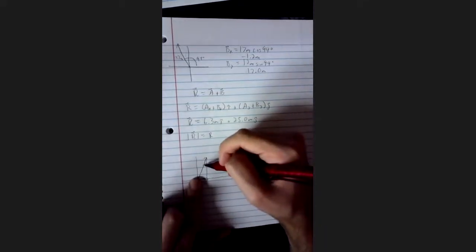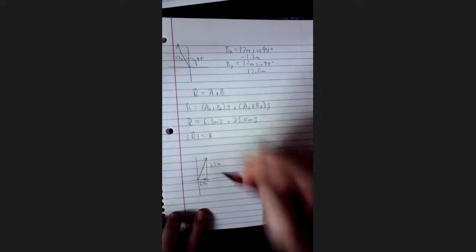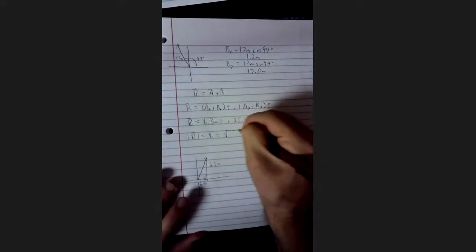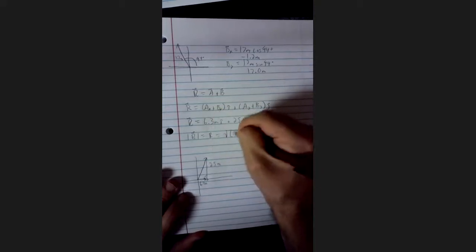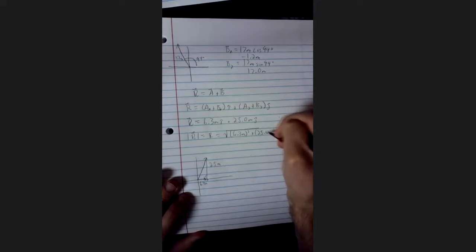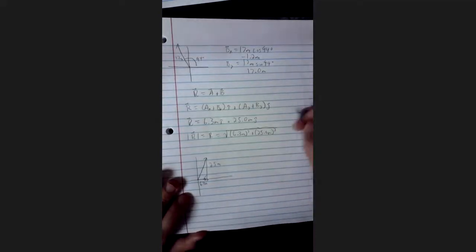So our magnitude is the length of this line here. So we have a right triangle, and we can just use Pythagorean theorem. So that's the x part squared plus the y part squared, all under a square root. So if you do that, you get 25.8 meters.